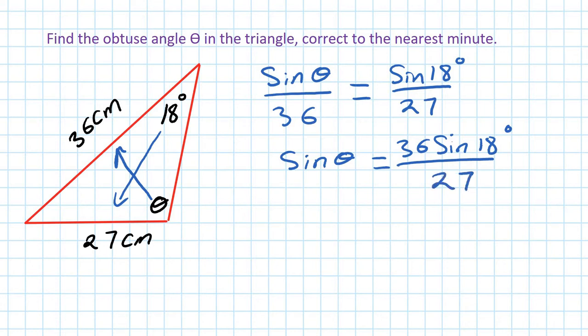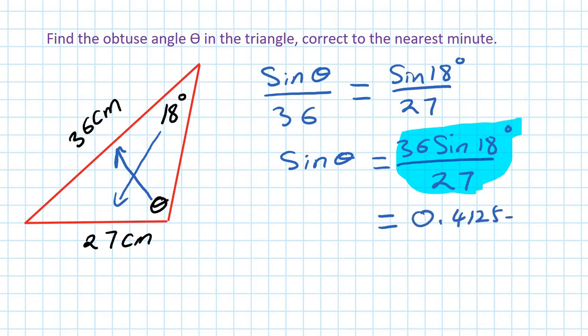Then I type 36 sine 18 on my calculator and I get 0.4125 and a lot more. Then theta is equal to 24 degrees and 20 minutes. I just write this down first.